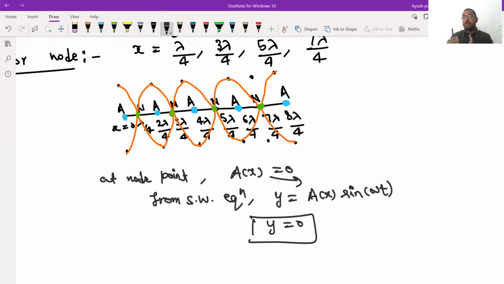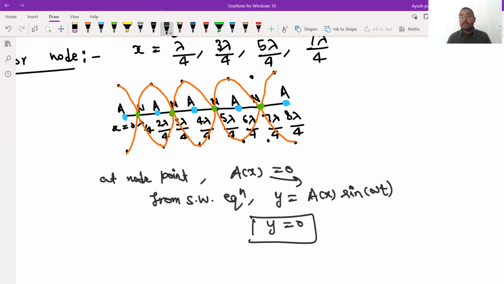The energy keeps on traveling from one point to another point, because in a traveling wave, each and every particle is doing SHM with the same amplitude, and by virtue of this, the energy is getting transferred from one point to another point continuously. But here, each particle is not performing SHM. The particles at node are at rest.